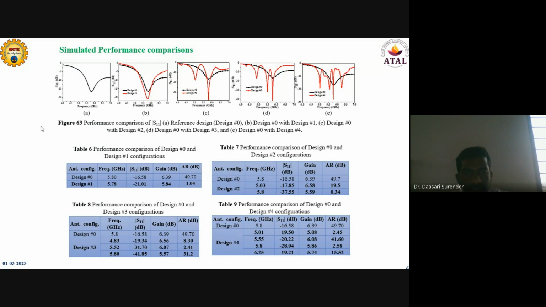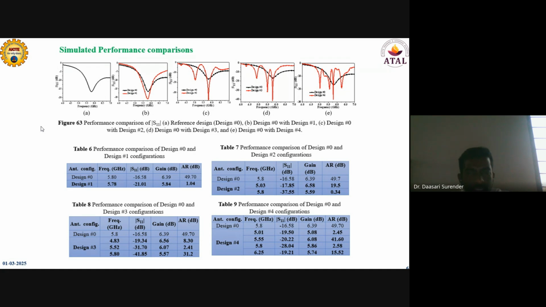In figure C, by incorporating 2 spiral facet structures on 2 different faces, 2 resonances were observed, presented in table 7. Operating frequencies were observed at 5.03 and 5.8 gigahertz, and the circular polarization characteristics are observed at 5.8 gigahertz itself.